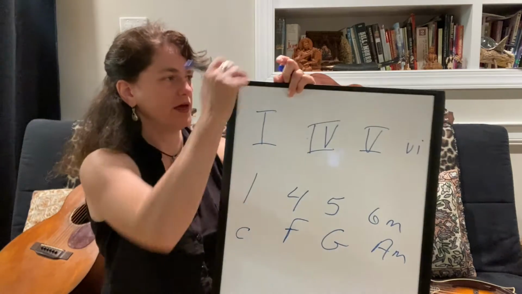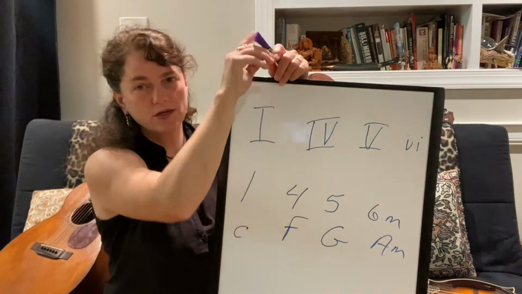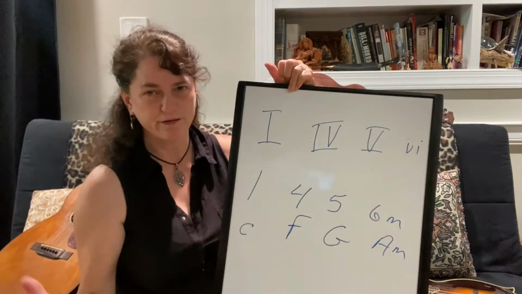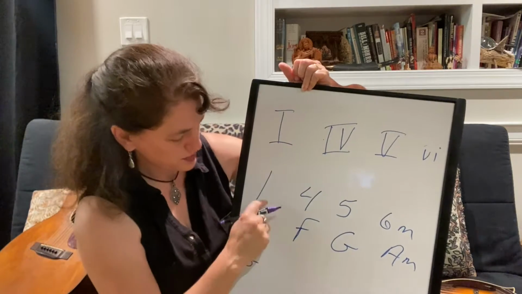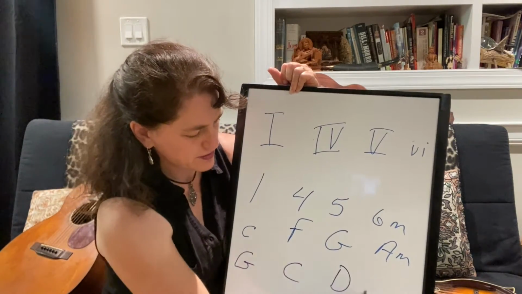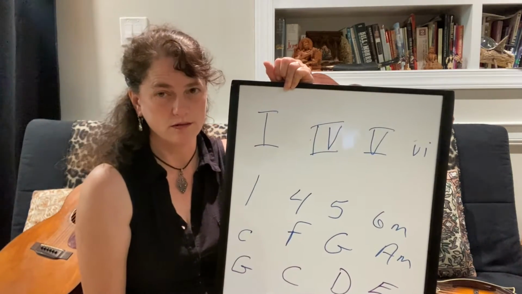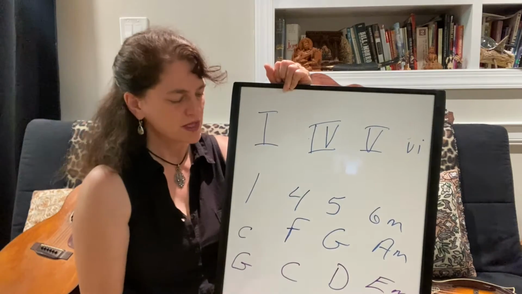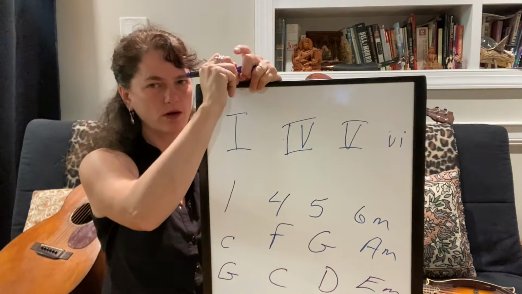Then if I was going to be in the key of, let's say, G, and we'll think of some of the most common keys for our folk players and singer-songwriters, G would be our 1, C would be our 4, D would be our 5, and E minor would be our 6th chord, something like that. So this is our basic stuff, and like I said, we have touched on that a little bit before.